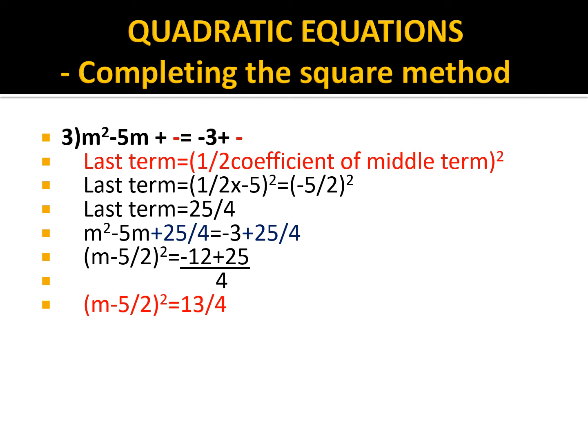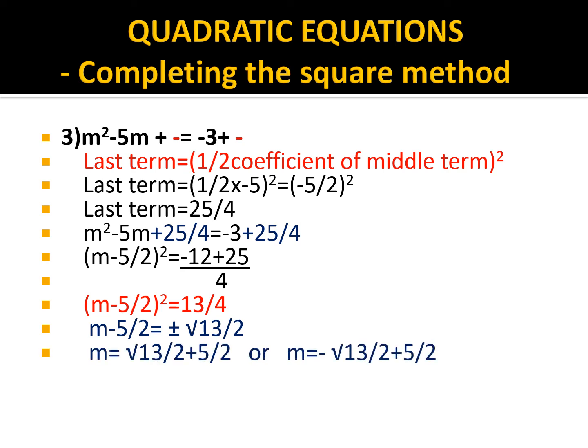We simplify it further to get m minus 5 upon 2, the whole square, is equal to 13 upon 4. To find the solution, we find the square root on both the sides, which gives us m minus 5 upon 2 is equal to plus or minus root 13 upon 2.